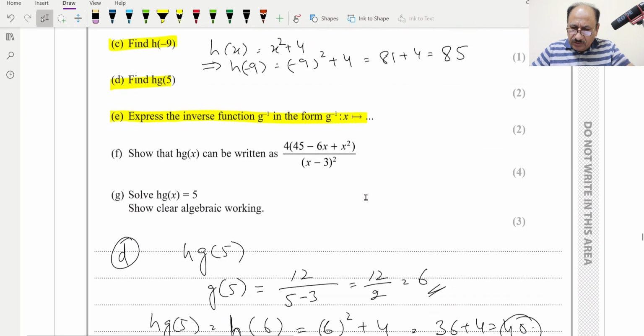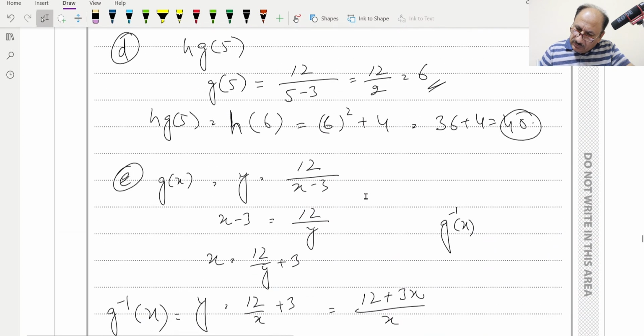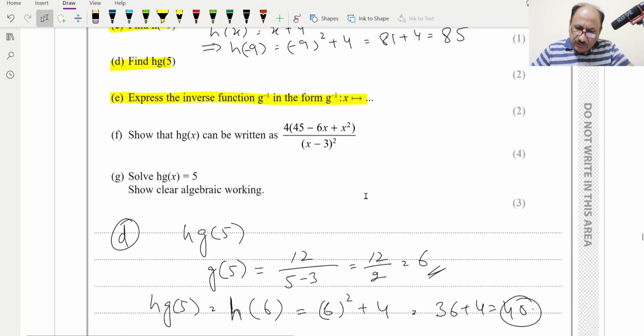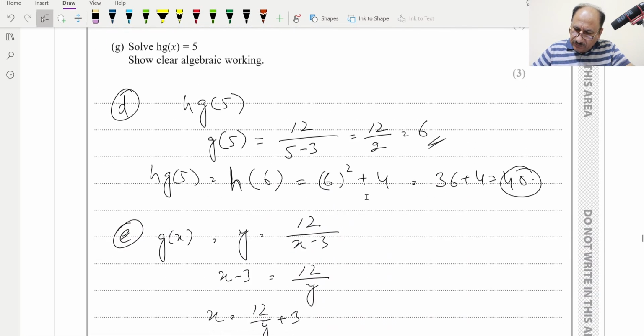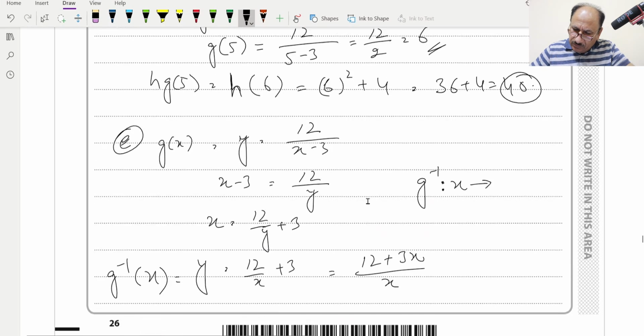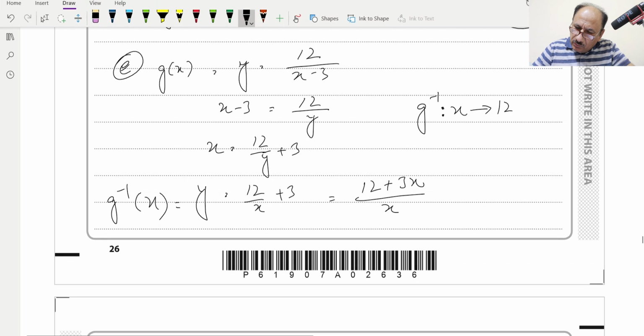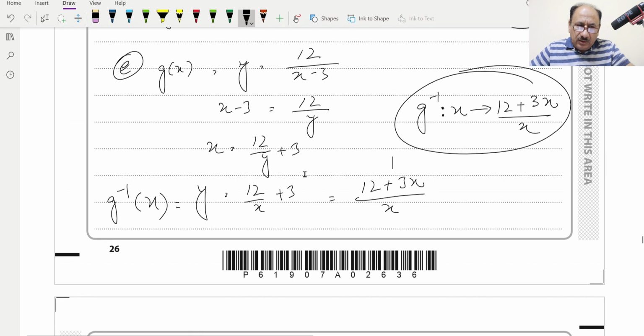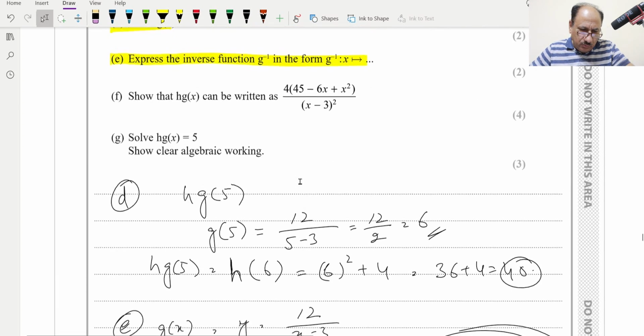In this format we have to write g inverse of x, which is equal to 12 plus 3x over x, and this will be our answer.